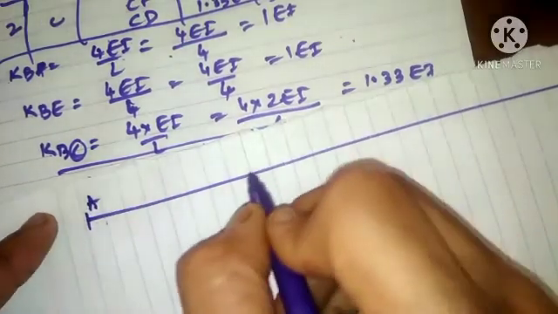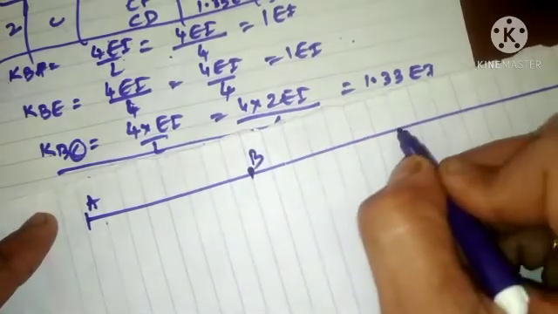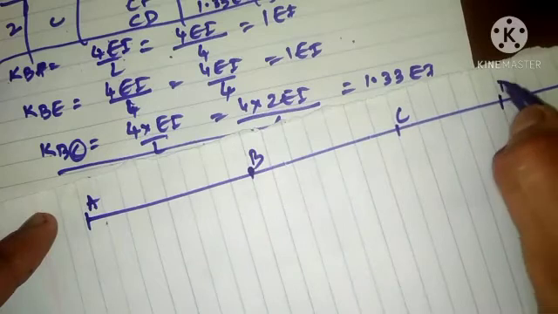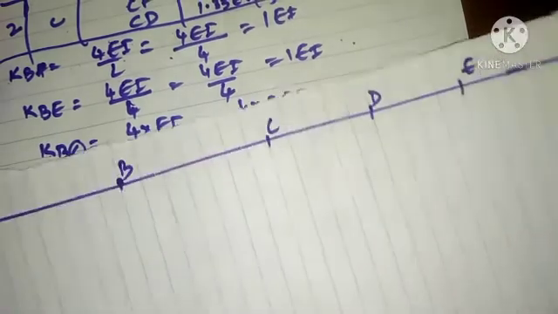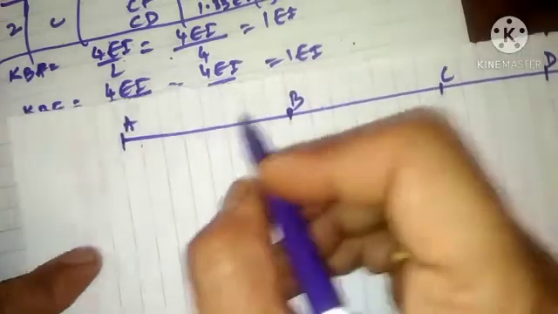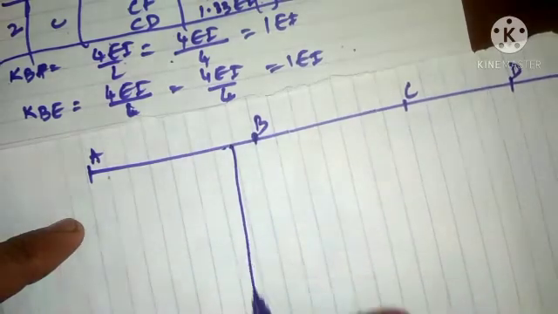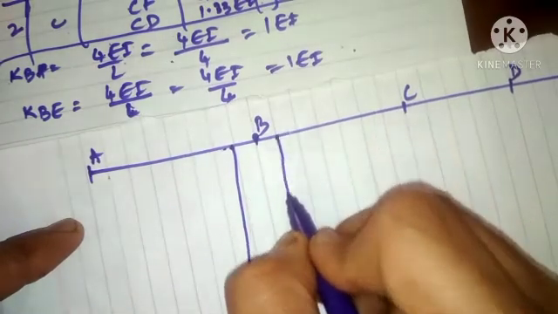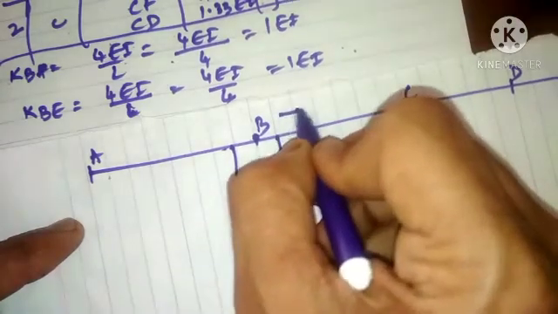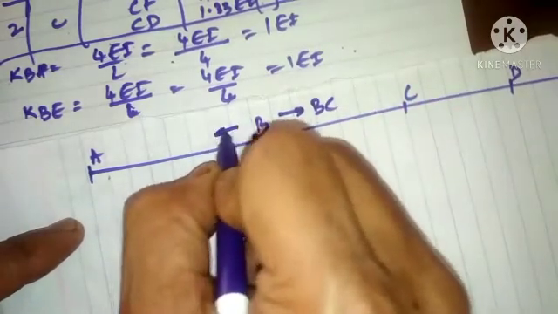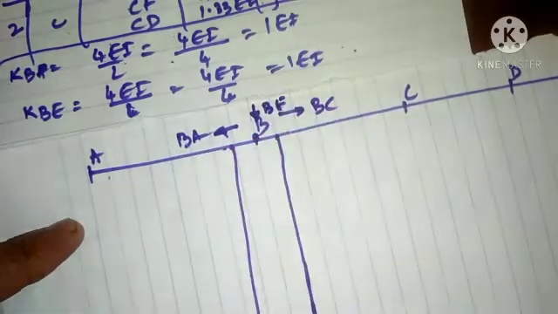Make A. Now B is connected by three members. A, B, C, D, E and F. So divide B into three parts. Left hand side is BA, the vertical member will be BE, and the right hand side will be BC.